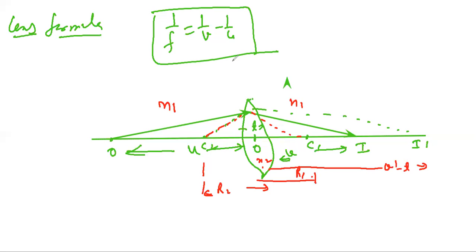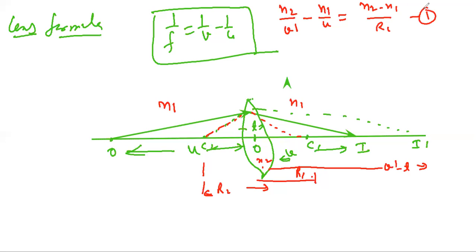The formula which you have derived previously, you can use here: N2 divided by V dash, where V dash is the image, minus N1 upon U, is equal to N2 minus N1 upon R1. This formula is used when the refraction takes place through surface R1.